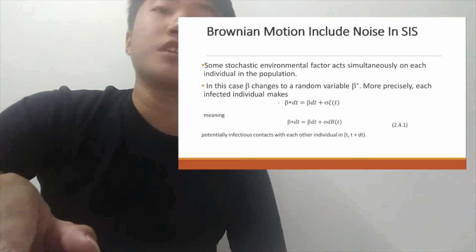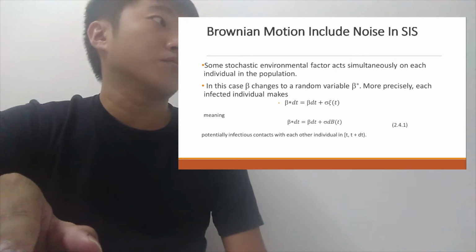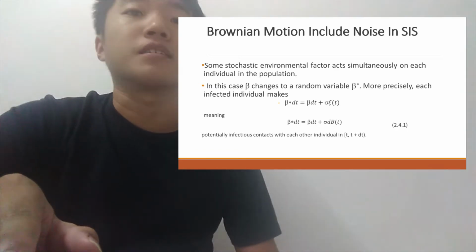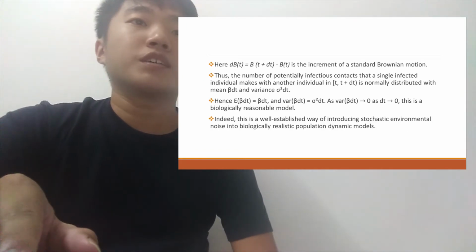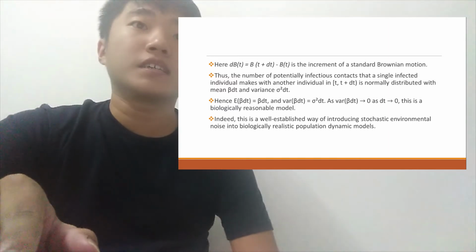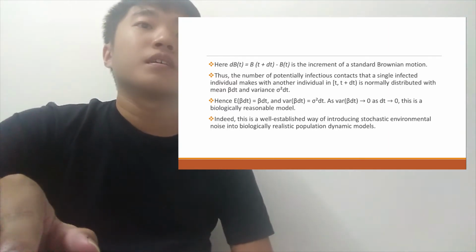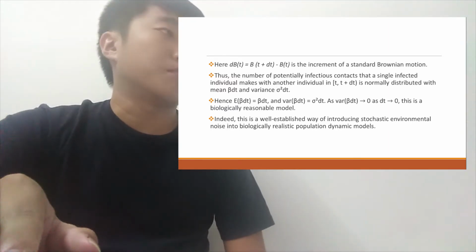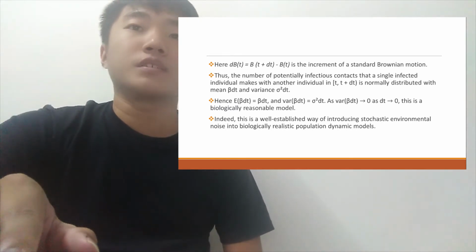Here the differential dB(t) equals B(t plus dt) minus B(t), which is the increment of the standard Brownian motion.